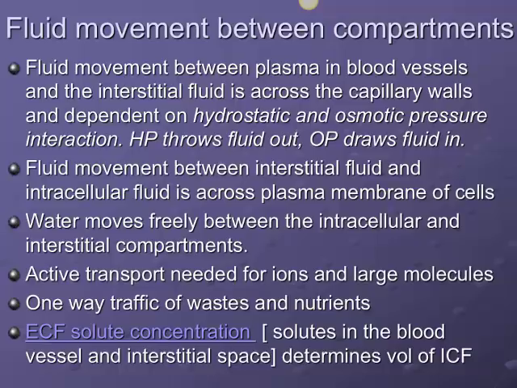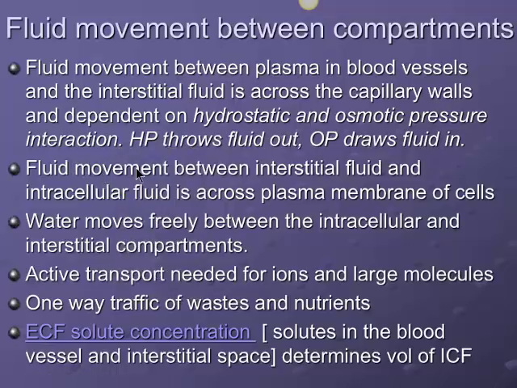So having looked at that, let's look at how fluid moves through these various compartments. If you read through this, between the plasma in the blood vessels and the interstitial fluid, remember both of them belong to the extracellular fluid space, right? So this will be across the capillary walls, and this is dependent on hydrostatic and osmotic pressure interaction, right?